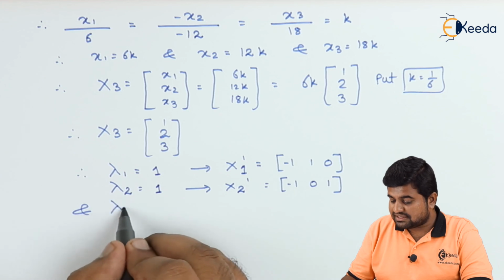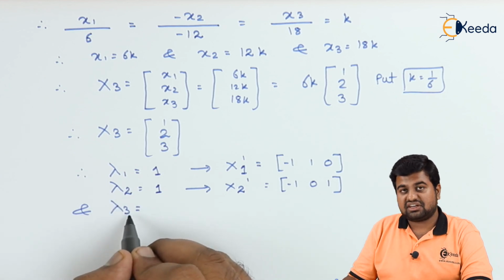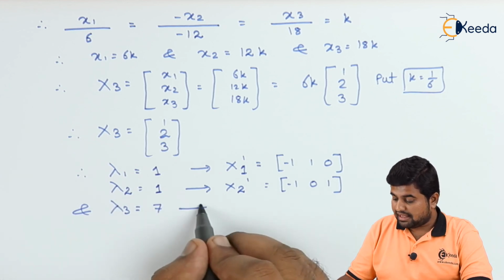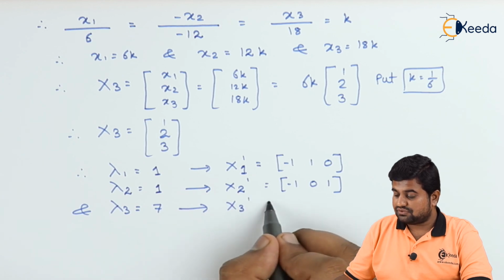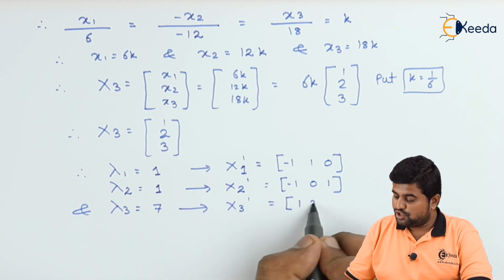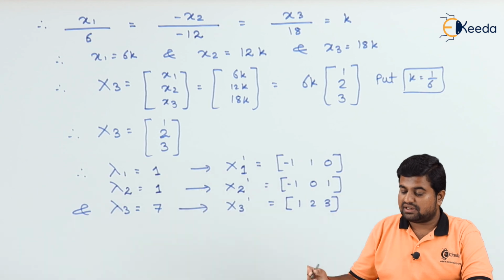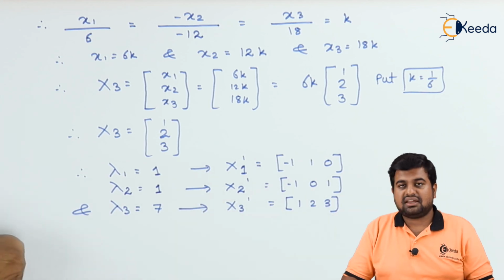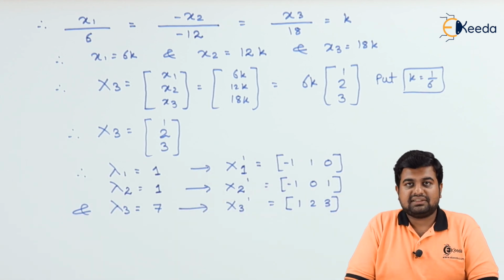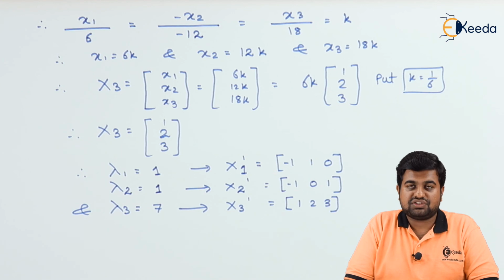And for lambda 3 is equal to 7, I'm having x3 dash, which is 1, 2, 3, which we have already calculated. So these are the 3 eigenvalues and 3 eigenvectors for the two particular values which we have seen, for repeated and non-repeated eigenvalues.